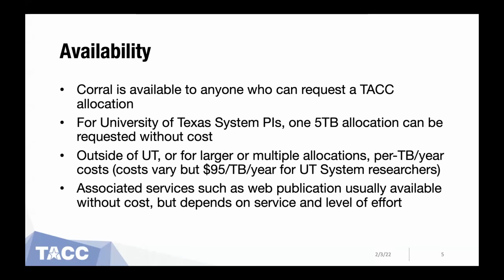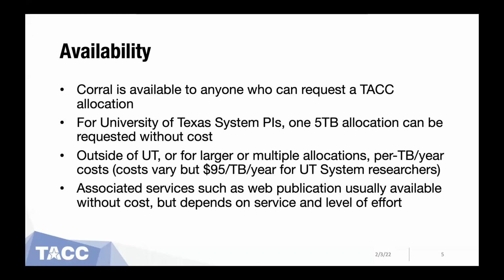So just briefly on availability, the system is available to anybody who can request a TACC allocation. If you're at UT, then you can get up to 5 terabytes without any cost. I mentioned before, the system is partially supported by researchers with large allocations.